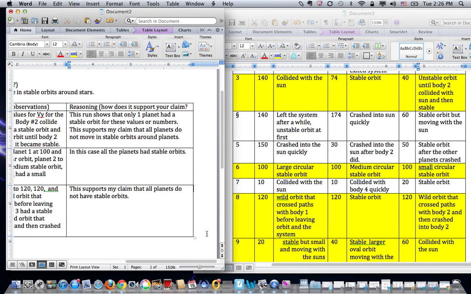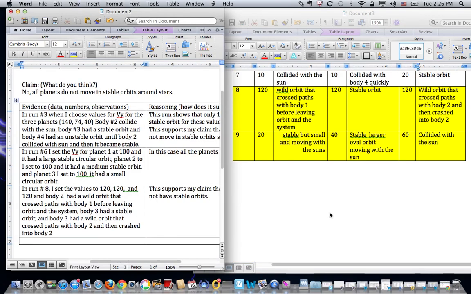Okay, and I would go on to say, let me put one more in, in run number 9 with values for Vy at 20, 40, and 60. There, body 2 had a stable orbit.